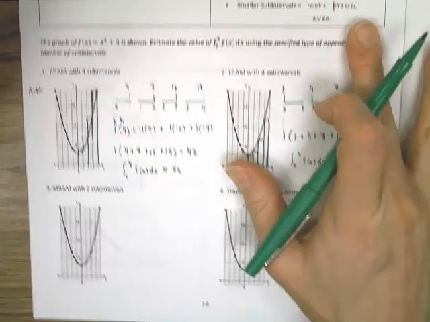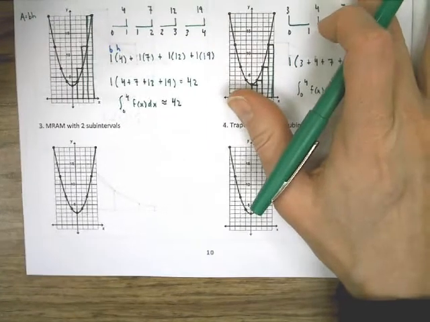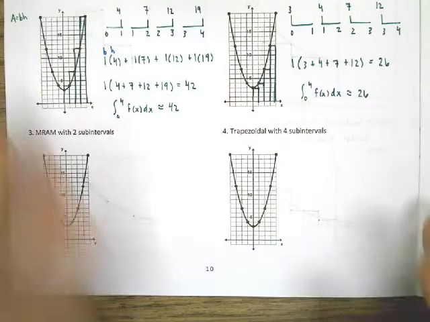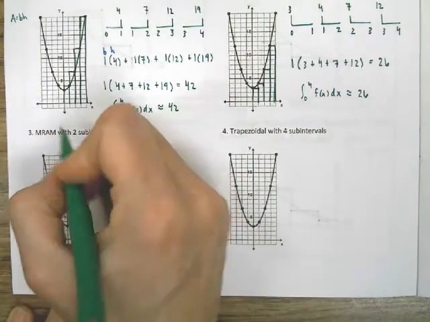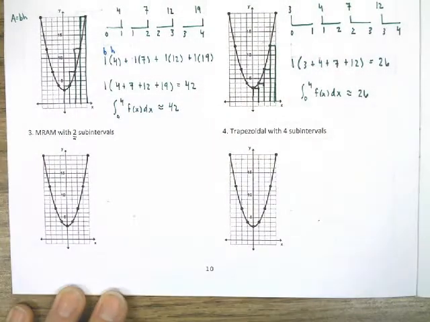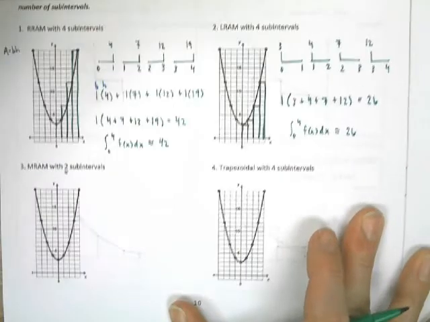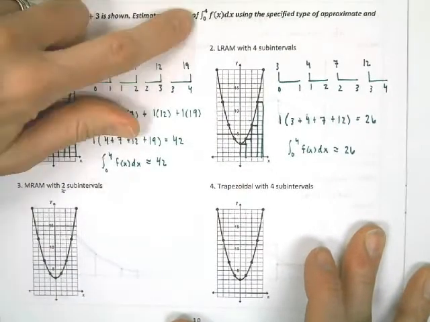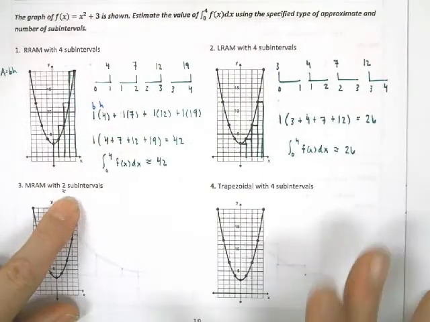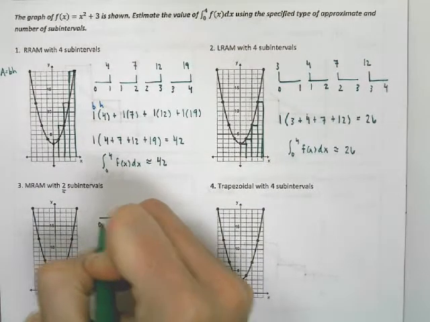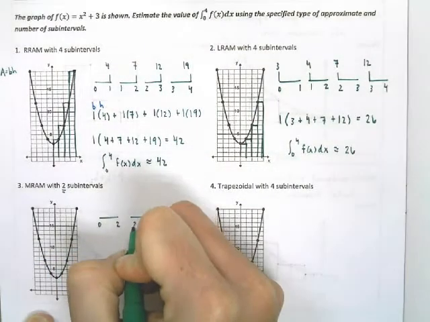Okay, let's check out midpoint next. Actually, we changed here. Now we only have 2 subintervals. So if I'm finding the integral from 0 to 4, and I only have 2 subintervals, that means my subintervals are from 0 to 2 and 2 to 4.